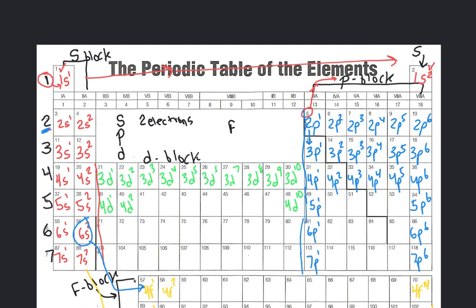And the P sublevel, like if you look at the 2p, has up to 6 electrons. And then the D block, the green, can hold up to D10. And then all the way at the bottom, the yellow-orange, is the F block, which can hold up to 14 electrons.